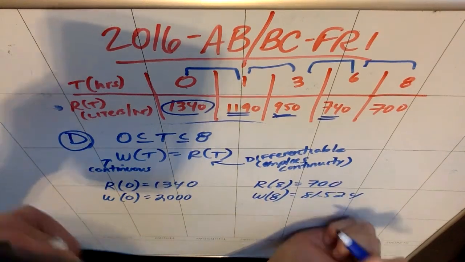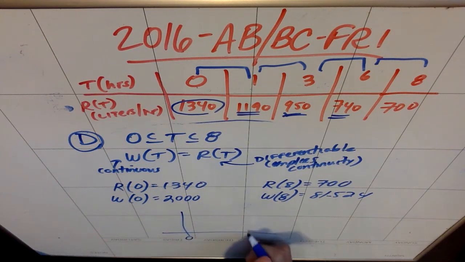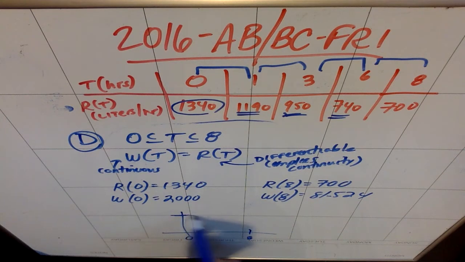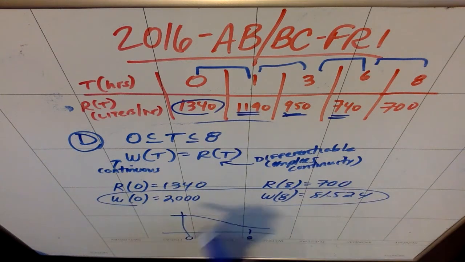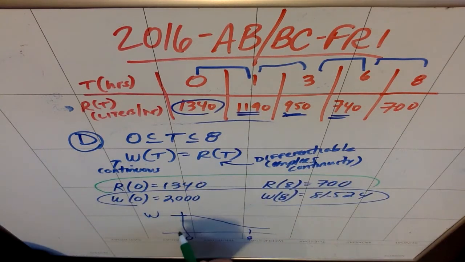So here's my argument. If both functions are continuous, and if originally W is physically higher, so just to give you an image of what this looks like at 0 and 8, W is the higher function, right, and then drops down to be like 81 something. So W I did in blue, and R, which I'll do in green, started lower than W, but landed higher than W. Well, the only way that can happen is if they cross at least once.